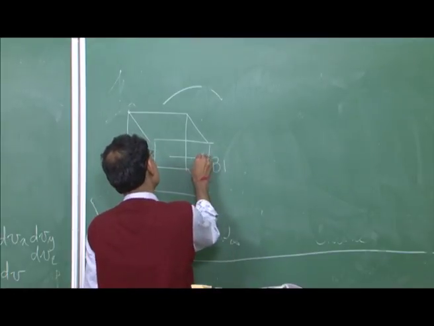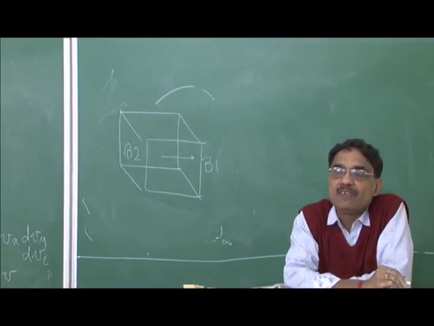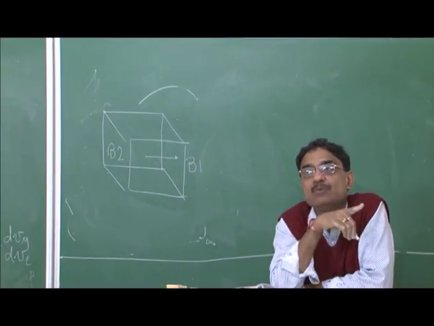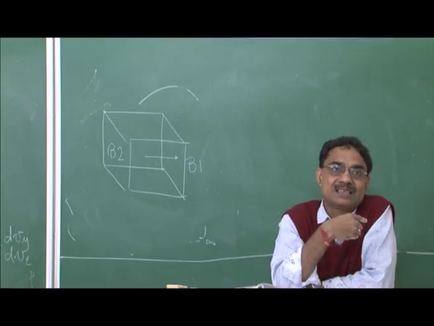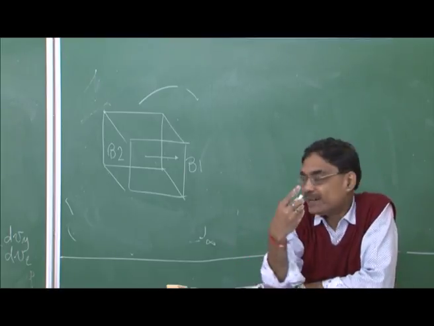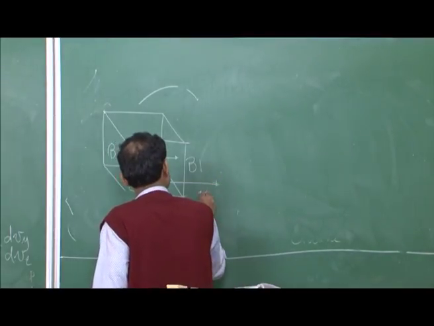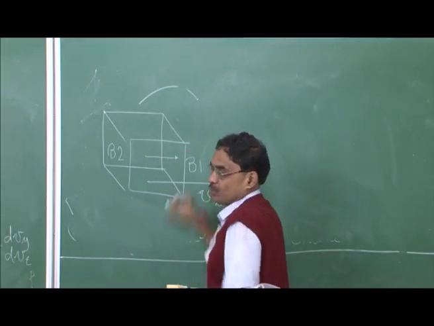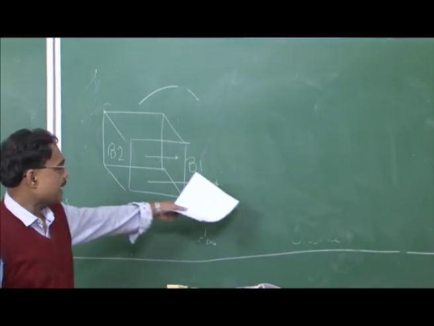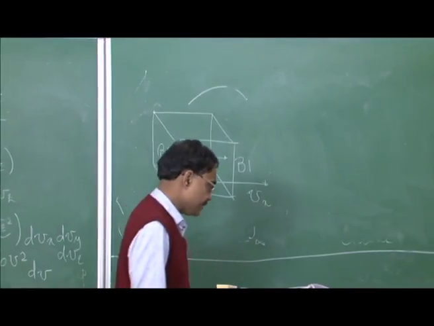Now, if a particle goes randomly with equal probability with velocity Vx in the positive direction, and equal velocity minus Vx in the negative direction, if this is my x axis, it goes like this with Vx and comes back again with minus Vx. What do you expect the average to be?